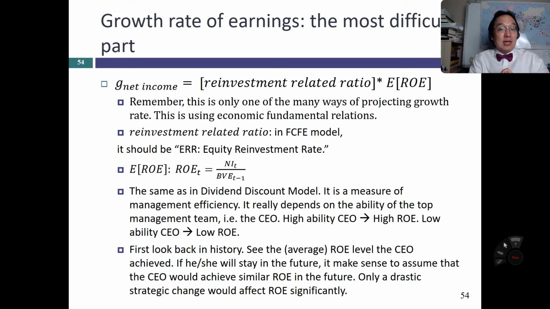This is using economic fundamental ratios, reinvestment related ratio. In the FCFE model, it should be ERR. Expected ROE, well, that's something you can expect on your own. Am I allowed to do that? Yes, it's your liberty. Okay?